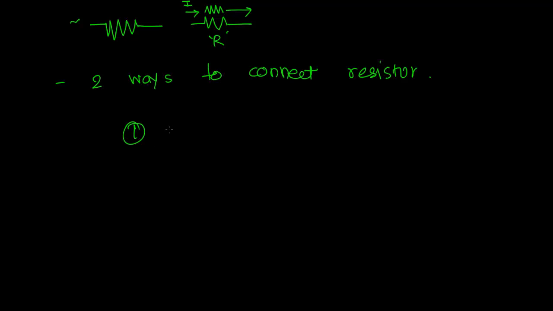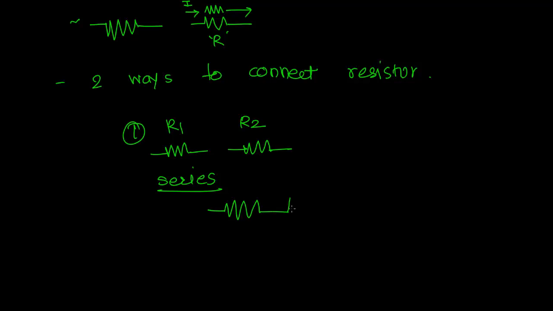First, suppose there are two resistors, R1 and R2. They can be connected in series. That means I connect R1 first and then I connect R2. Suppose this is 1 ohm and this is 10 ohm. So the total resistance of this circuit is 10 plus 1, which is 11 ohms.